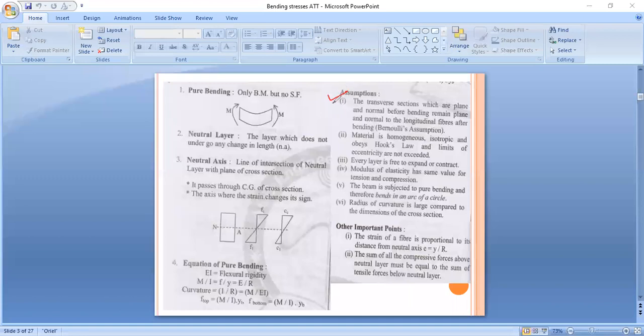In simple words, a plane section before bending remains plane after bending. See here, this strain distribution is linear. According to Bernoulli's assumption or Bernoulli's theorem, this strain distribution is linear and the first assumption is plane section. This plane section before bending and after bending remains plane.